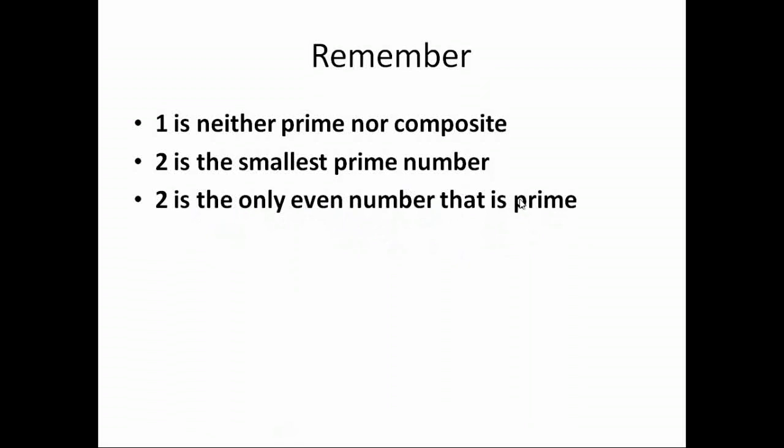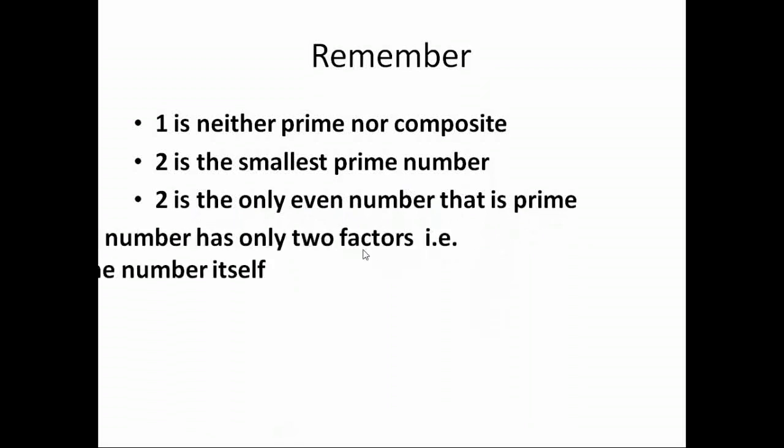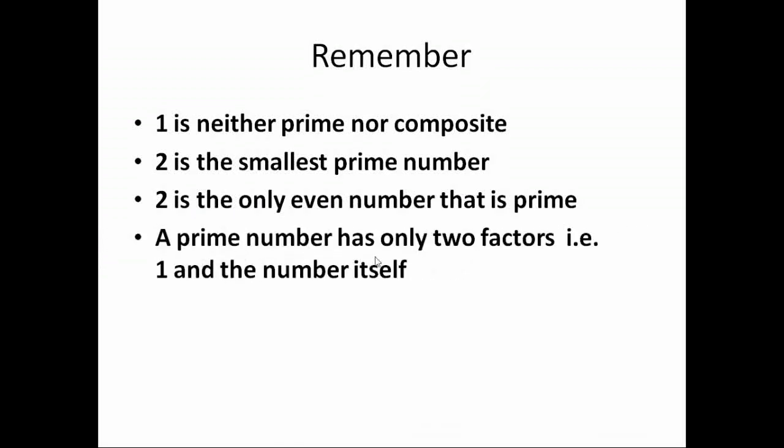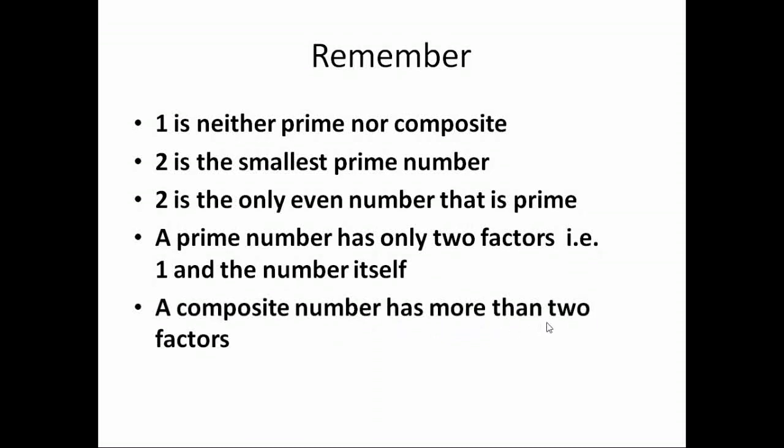All the other prime numbers are odd. Now, a prime number has only two factors, that is 1 and the number itself. And a composite number has more than two factors.